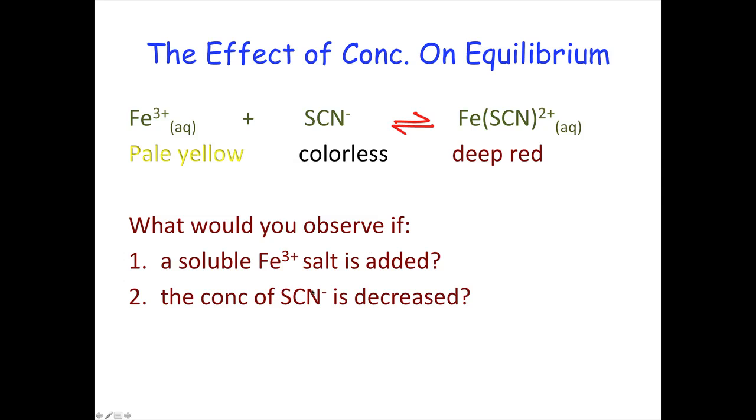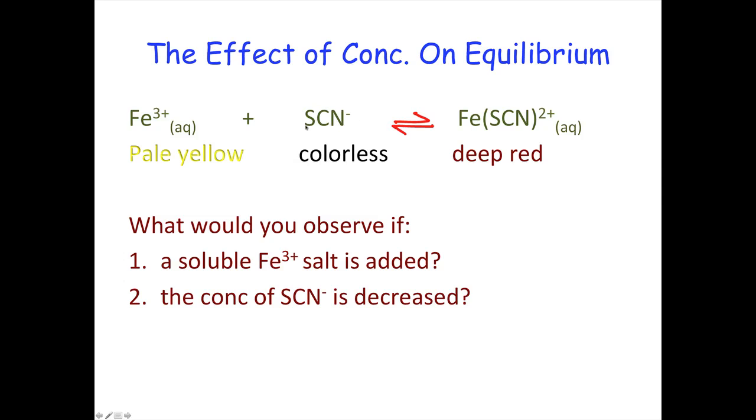The change that we are going to impose on this system is that we are going to be decreasing the thiocyanate ion. Now, as I said, at equilibrium, everybody's happy. If your change is that you are going to decrease thiocyanate, then the position of equilibrium will shift in a way that will want to increase thiocyanate.